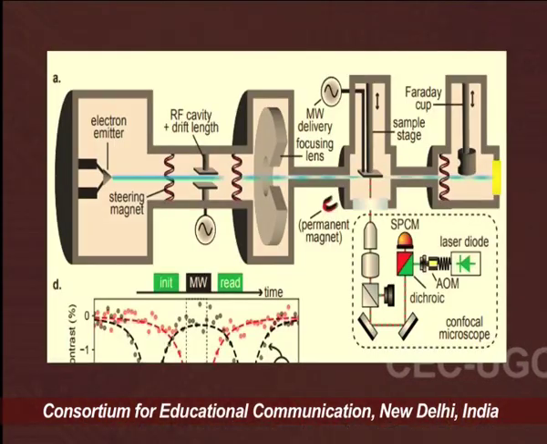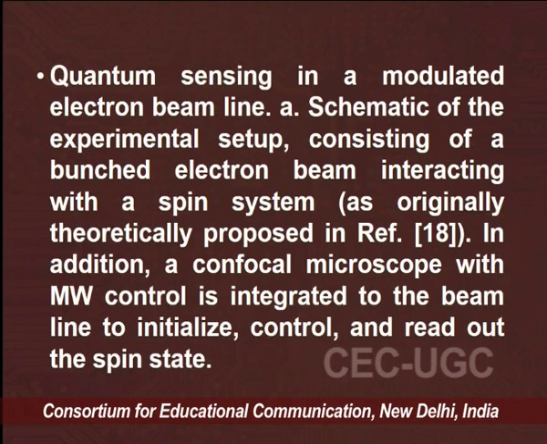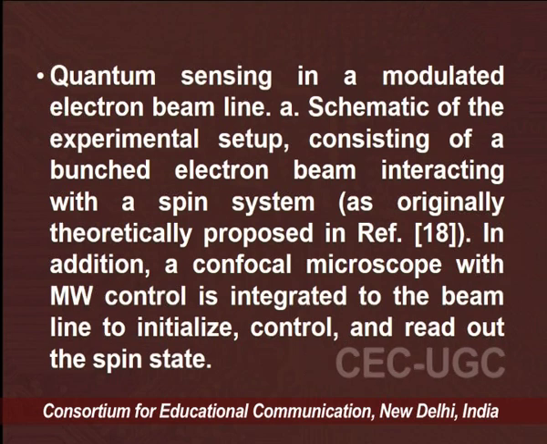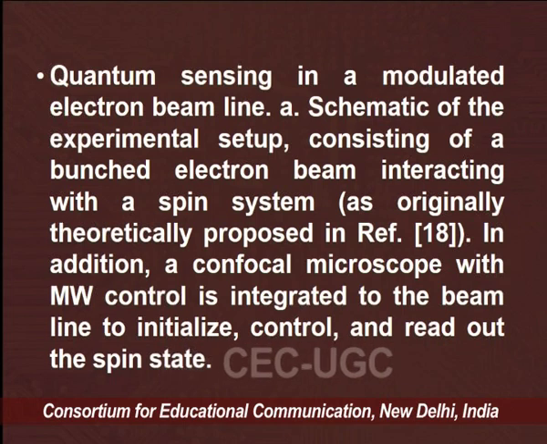So now we have another diagram showing how it is working. Through this we can find out the sensing. So, quantum sensing in a modulated electron beam line: this schematic of the experimental setup consists of a bunched electron beam interacting with a spin system that has been theoretically defined in some reference, and in addition a confocal microscope with microwave control is integrated into the beam line to initialize, control and read out the spin state.